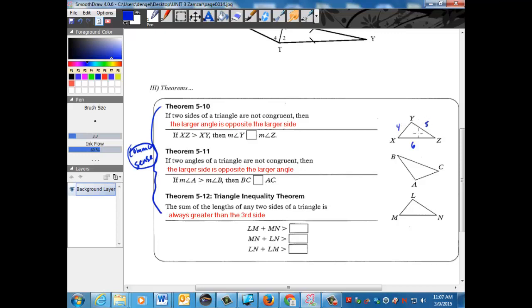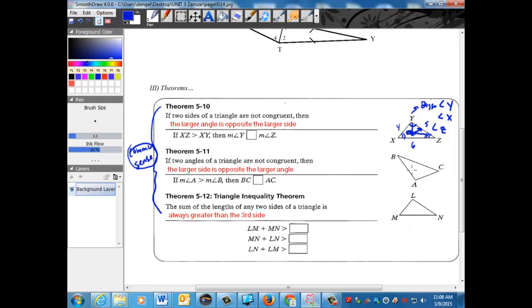Well, then angle Y would have to be the biggest angle because it's opposite the longest side. Then angle X would be our second biggest angle, because it's across from our second biggest side. And then angle Z would be our smallest angle because it's opposite our smallest side. That's what I mean by using common sense.